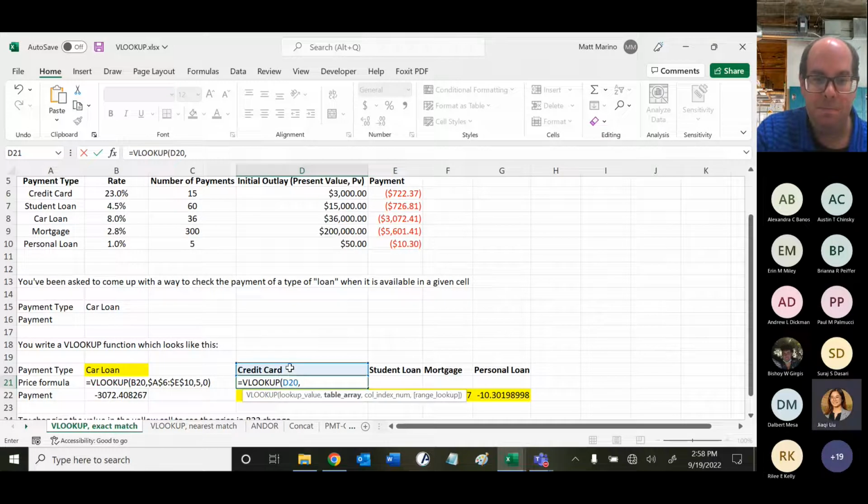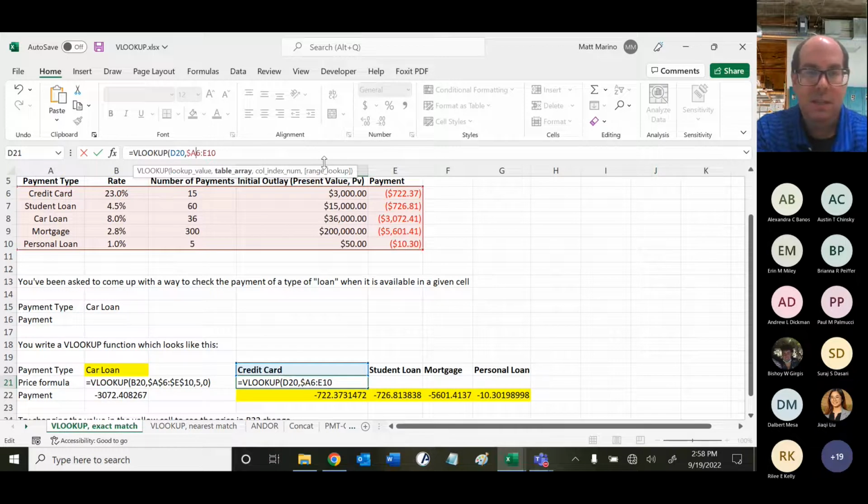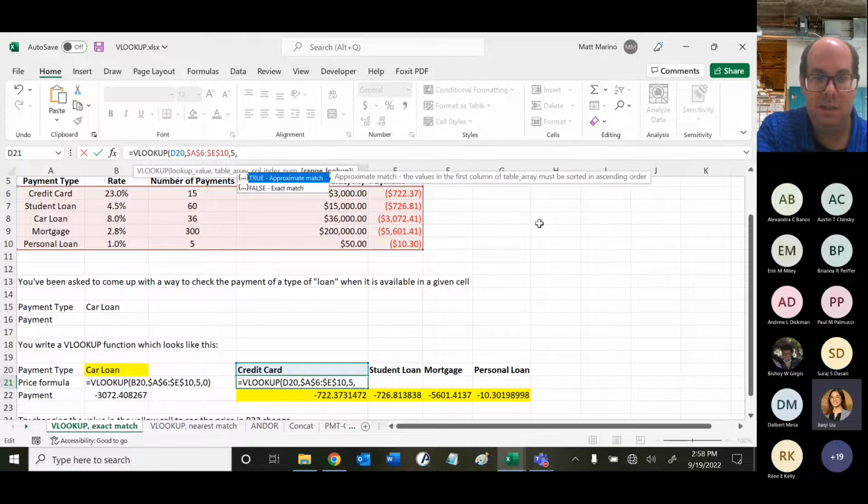And then you highlight the entire table. Make sure you do not select the headers. And make sure that it is absolute. Yep. So you do the absolute values. Then you also put 5 for 5 columns. We're looking for payment, so we need all 5 columns. Okay, and then you put 0 for it to be false. Yep.